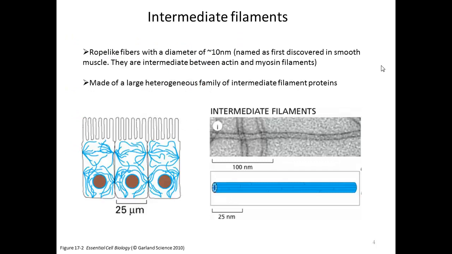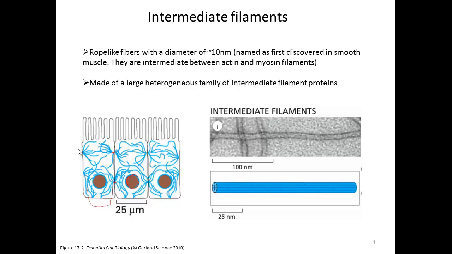We'll start by focusing on the intermediate filaments, and the first thing to notice is their schematized arrangement within a cell. They tend to run around the periphery of a cell. You can see them at focal points where there's interactions between cells. There is also a network of intermediate filaments inside the nucleus, giving strength and shape to the nucleus.